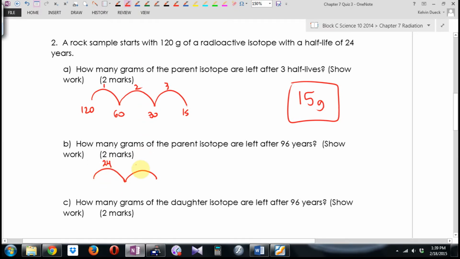So the next is 48 years, right? 24 more. 72? 96. You know what? It's 4 half-lives. I know it's 5 bumps, but it's 4 half-lives. Why did you start at 24? What's 1 half-life? How many years?